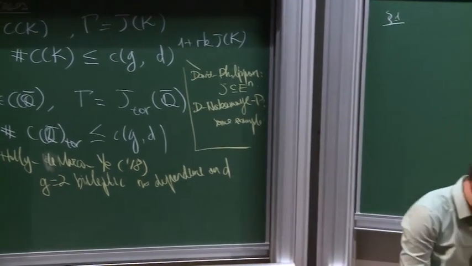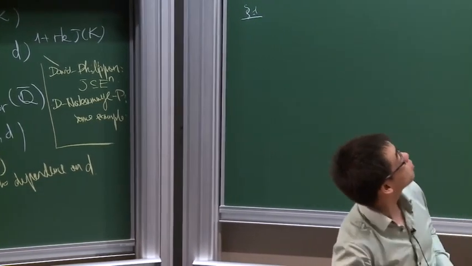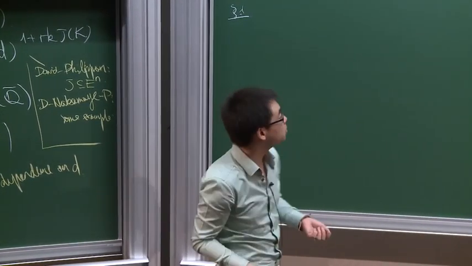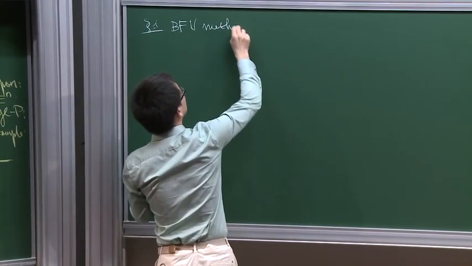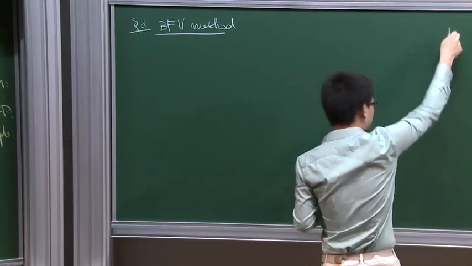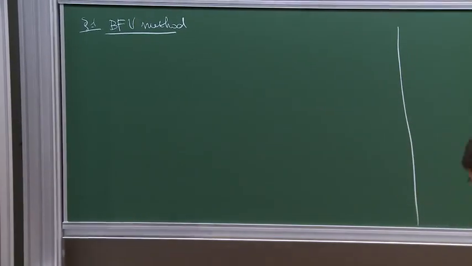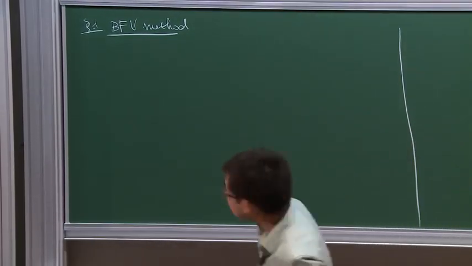Okay, now let me quickly go through the method of Bombieri, Faltings, and Vojta to see some input we need. And our proof is based on the second proof of the Mordell conjecture.